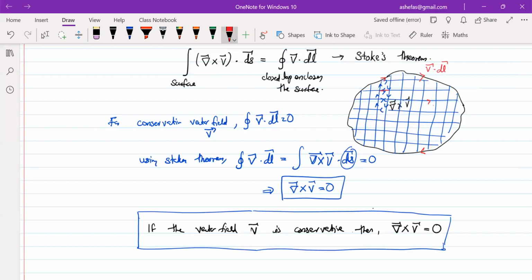If it curls like this, and for the next segment it would be like this, this would cancel. So finally we'll have the integral of V only over the boundary, because this closed loop is basically the boundary of the surface.